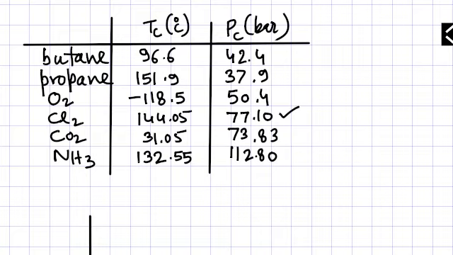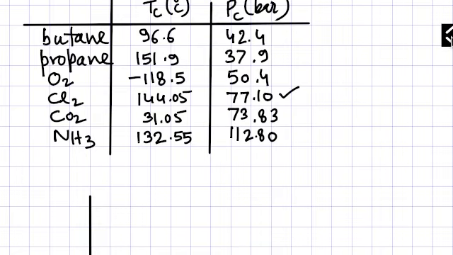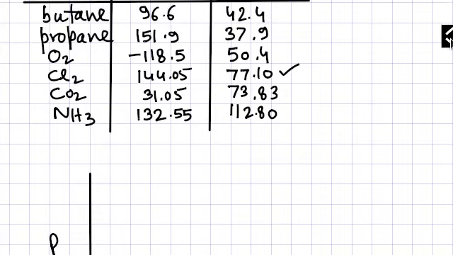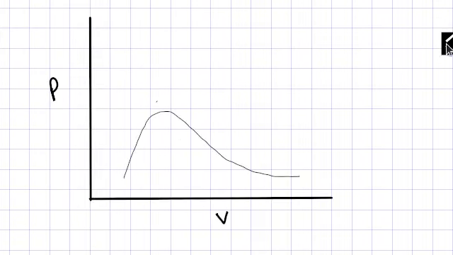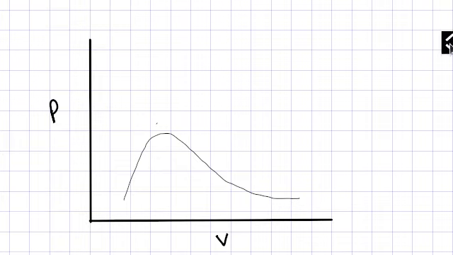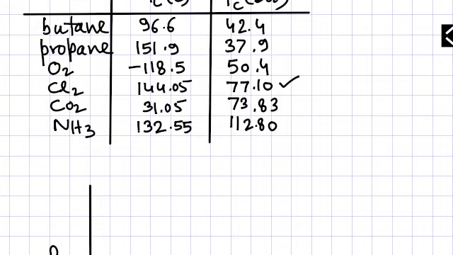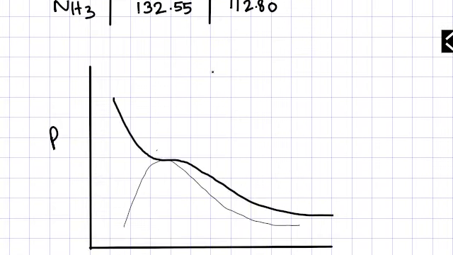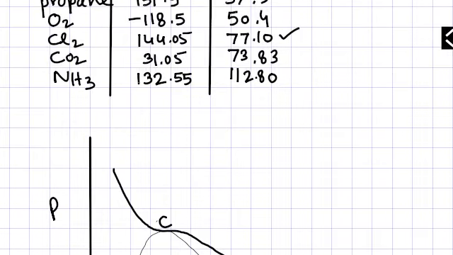We will show these data on our PV diagram. I have already made this outline, and now I will draw the data here. I have drawn the critical isotherm, and this point is shown as C, and now I am taking the data from there.